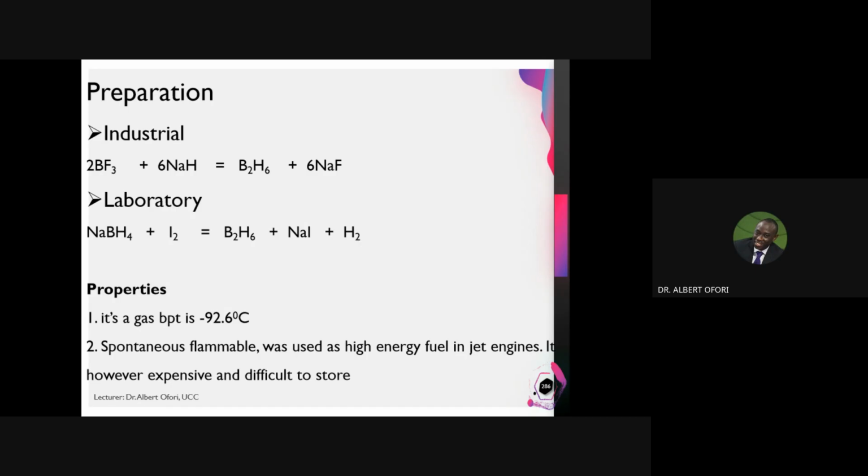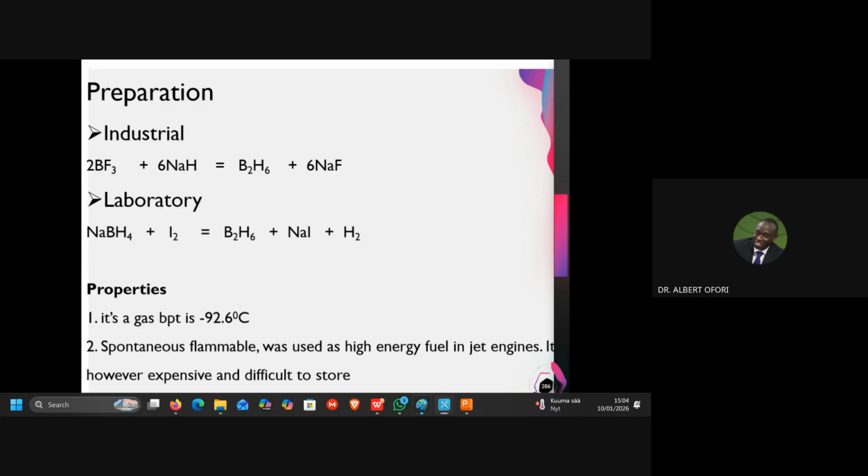Now for reactions of these boranes. The boranes can react with oxygen to form boron oxide. It can react with, so let me minimize again and write, sorry.